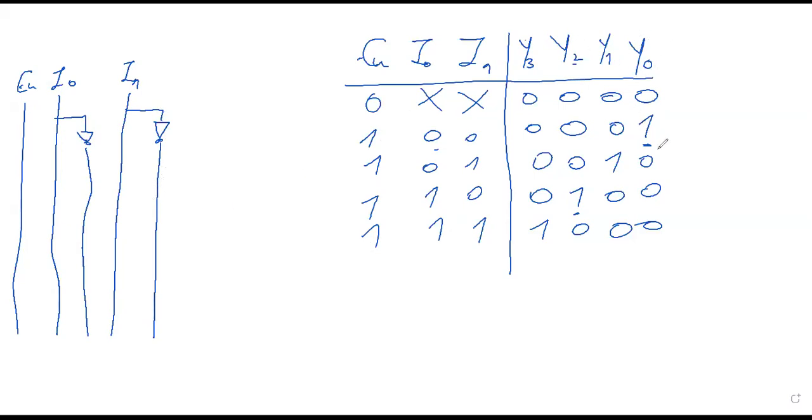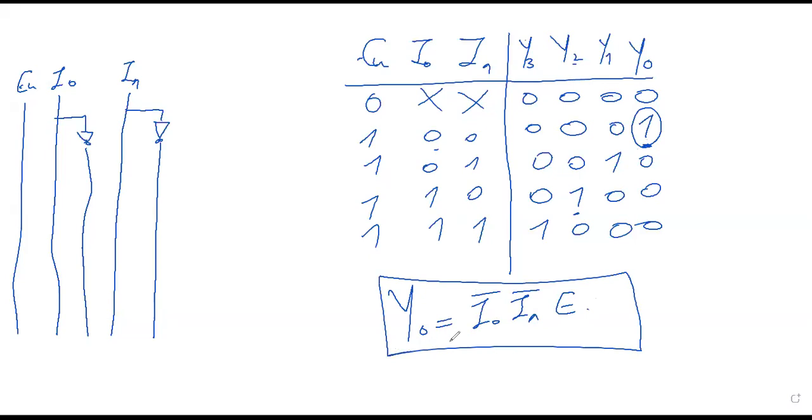What is the expression for Y0? The logic expression for the output Y0 is a sum of products: enable, I0 bar, I1 bar.